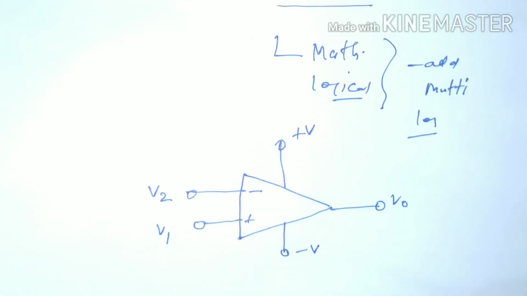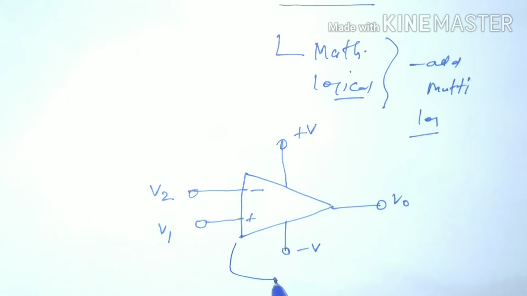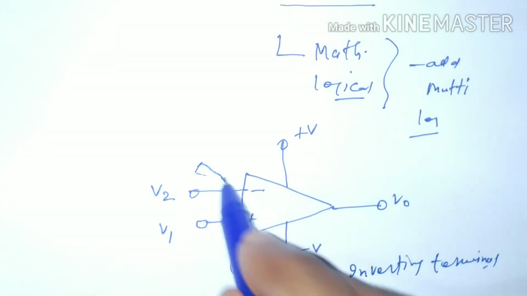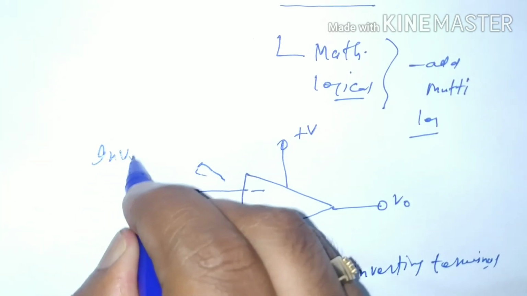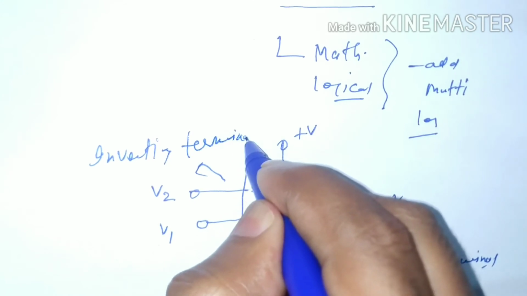That positive and negative give some information. What do they mean? One is the non-inverting terminal, and the other is the inverting terminal.